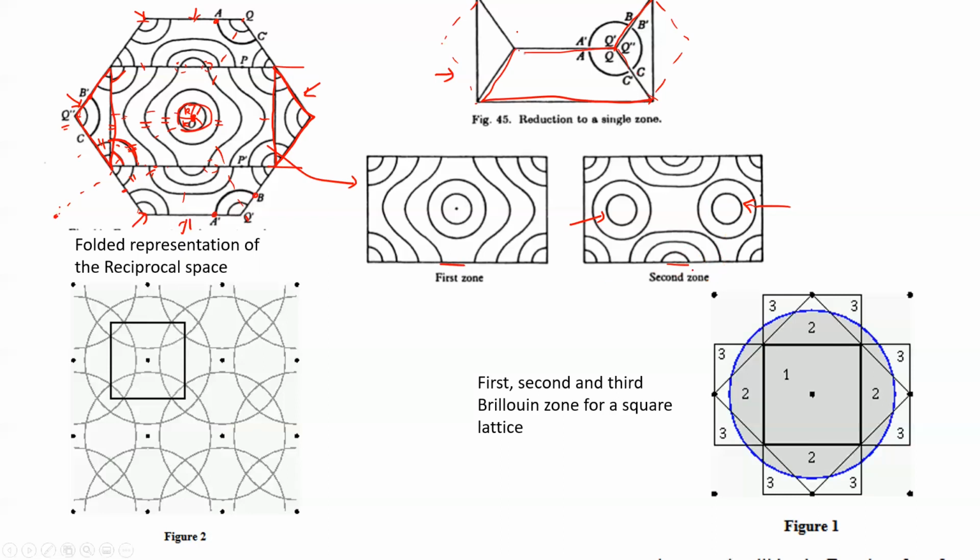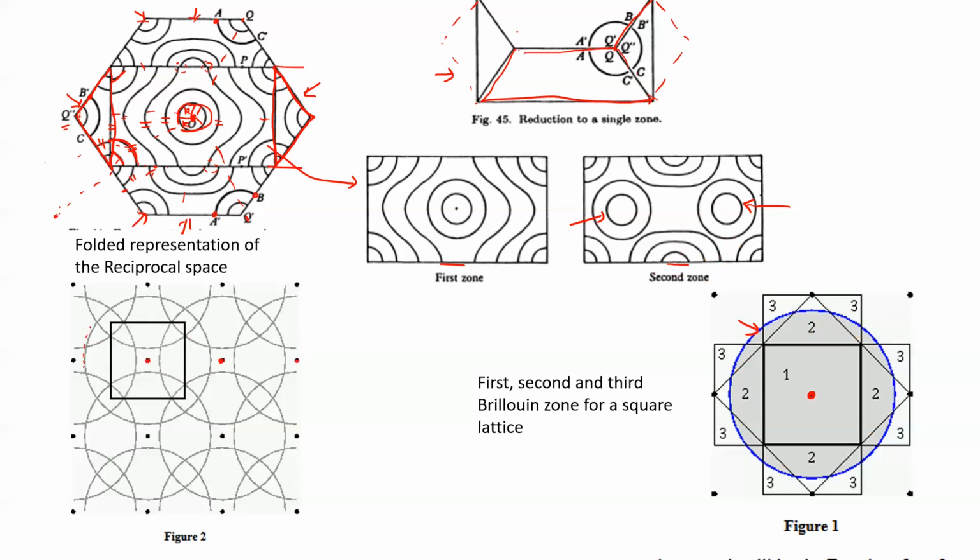A different way to imagine this is you take this particular point and you draw this first Brillouin zone and the first Fermi sphere, right? So the blue line is a Fermi sphere. You can do this for n number of lattice points. So you have the first lattice point, second lattice point, and third lattice point, right?